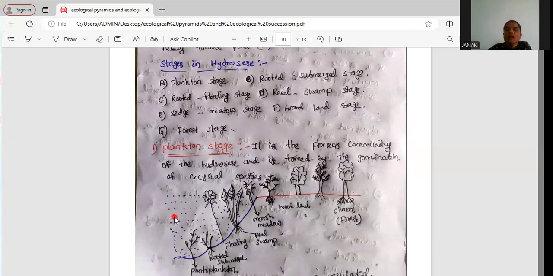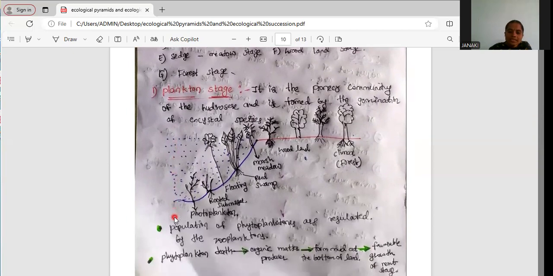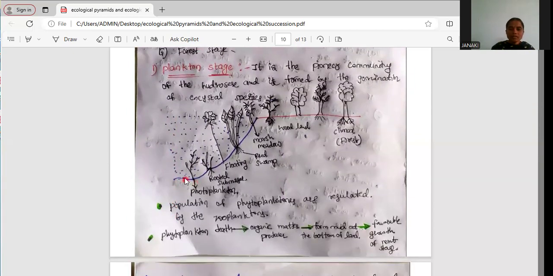The first stage is the plankton stage. See this diagram. This is the water, these are trees, and this is the atmosphere. The first one is the phytoplankton. Next are rooted submerged, floating, reed swamp, marsh meadow, then woodland and climax forest.